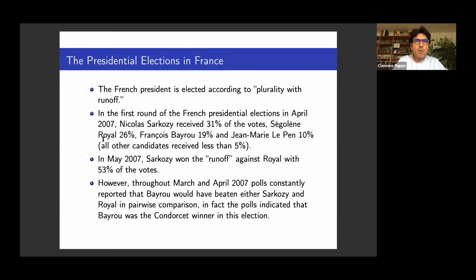So in a pairwise comparison, Bayrou had beaten both the right and the left candidate, because Bayrou was one of these middle candidates, right? So in some sense, Bayrou was the compromise candidate, actually the Condorcet winner even, right? So the polls indicated that Bayrou was in fact the Condorcet winner in this election.